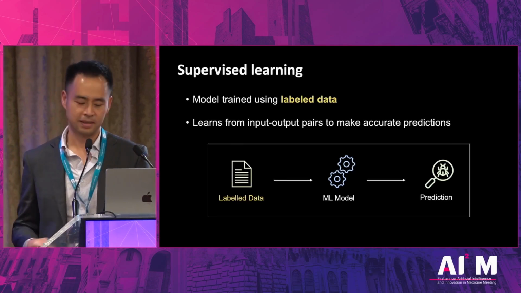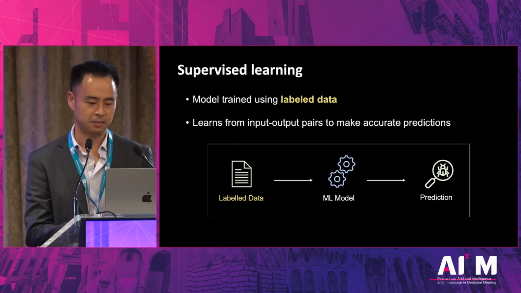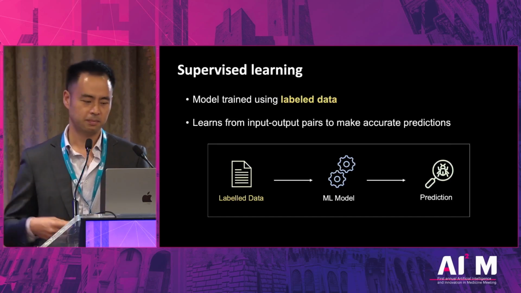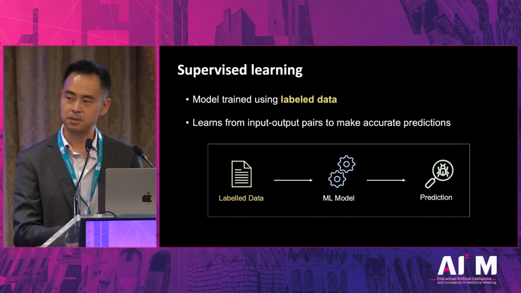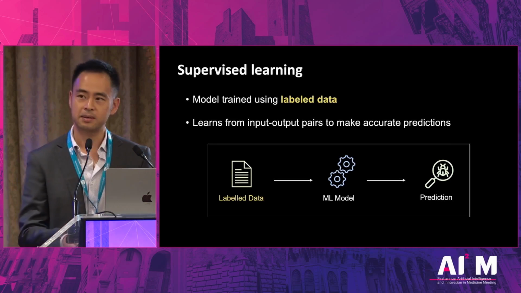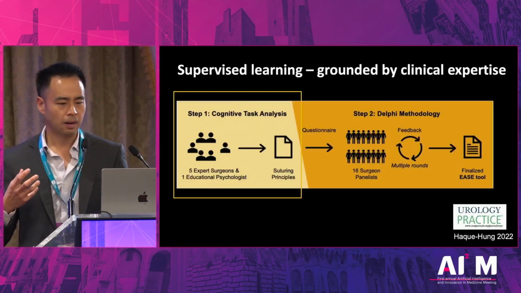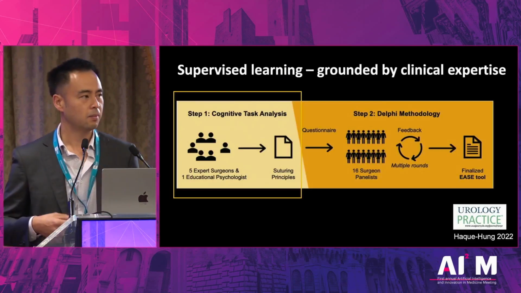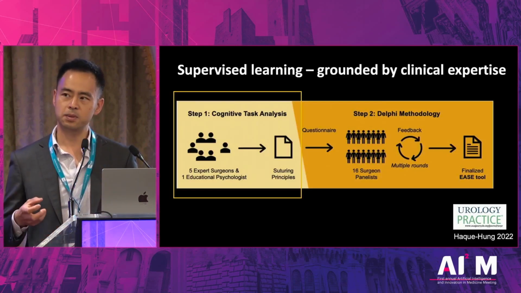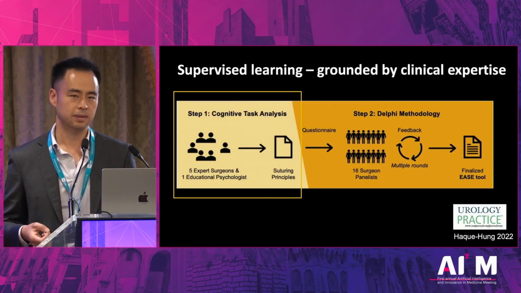You're working with data that is grounded in clinical relevance to then plug into models that are going to be used to predict things that are clinically relevant. So our team, this was several years ago, wanted to come up with an assessment tool for suturing technical skills.